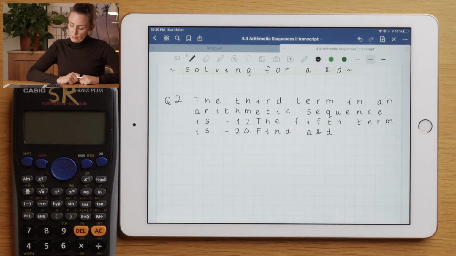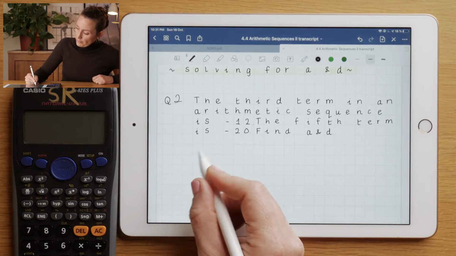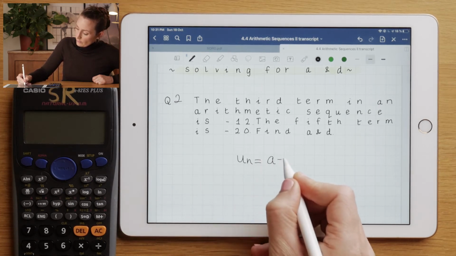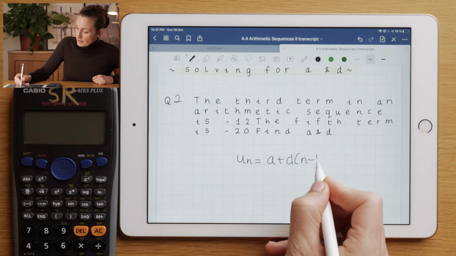In question 2, we've been told that the third term in an arithmetic sequence is minus 12 and the fifth term is minus 20. So we need to remember that the nth term, un, is equal to a plus d(n minus 1).